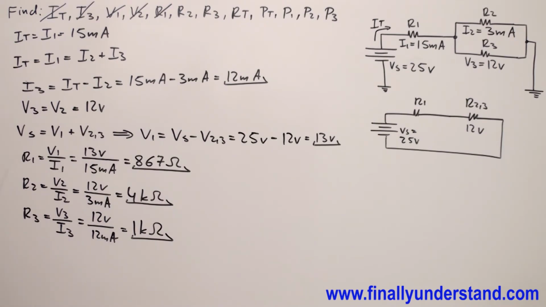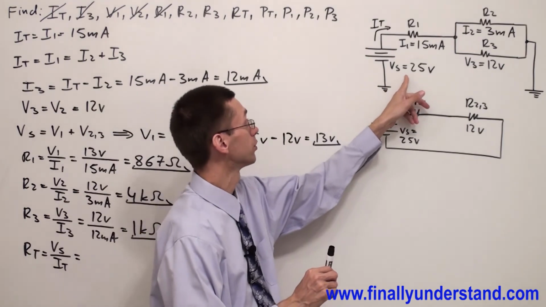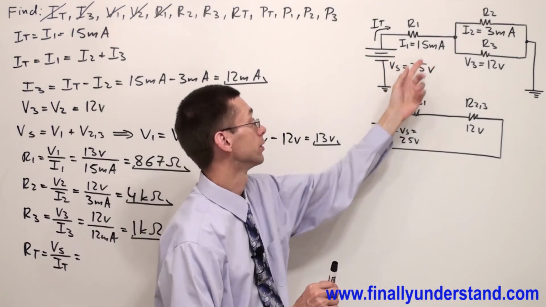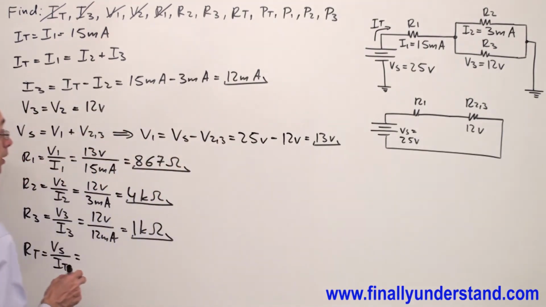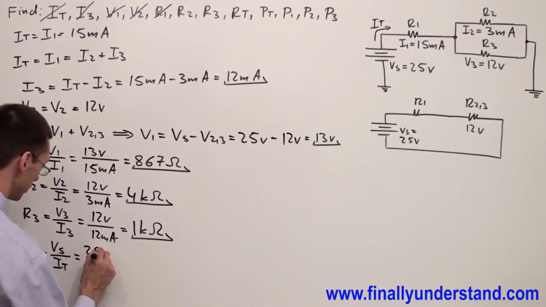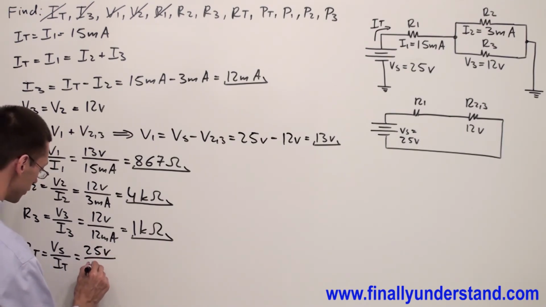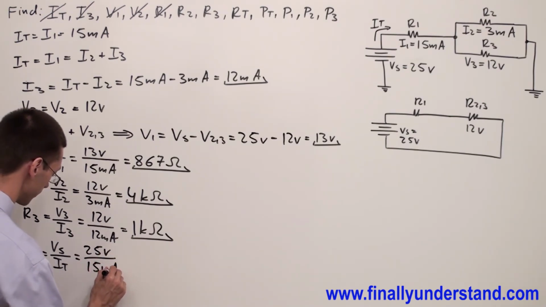Next, we're supposed to find R total. R total is equal voltage source over I total, where voltage source is equal 25 volts and I total is equal to I1, which is in our case 15 milliamps. So I have 25 volts over 15 milliamps.